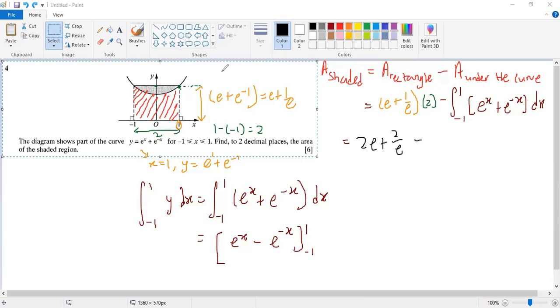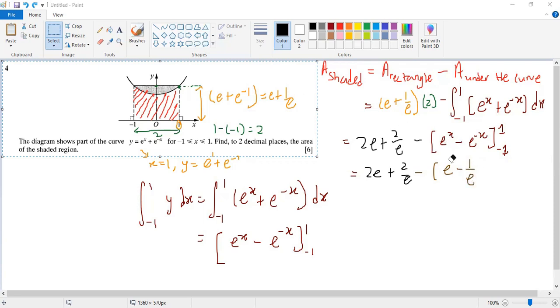On the left-hand side, minus, and here we're just going to evaluate this: e to the power x minus e to the power of -x, with definite integral limits of -1 to 1. So let's compute that. 2 over e, minus, then e to the power of 1: when you put x equals 1, you get e minus 1 over e.